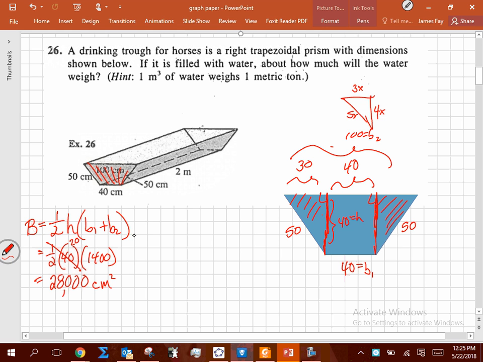All right, so now I've got to find volume. Volume of a prism is B times H. Well, B is currently this number. Now, what is H going to be? 200.